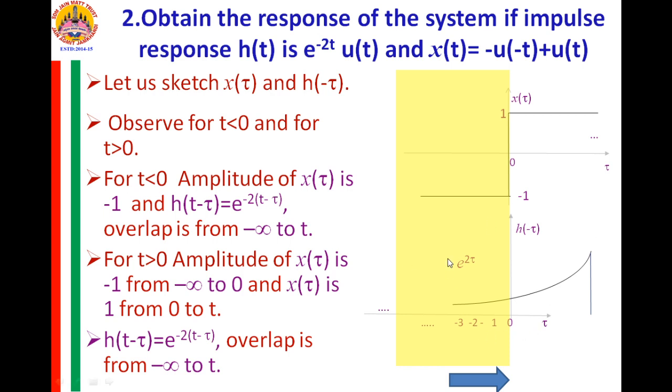From minus infinity to 0, the amplitude of x of tau is minus 1, and then from 0 to t, the amplitude of x of tau is plus 1. So the total overlap is still from minus infinity to t, but x of tau has two amplitudes in this duration.